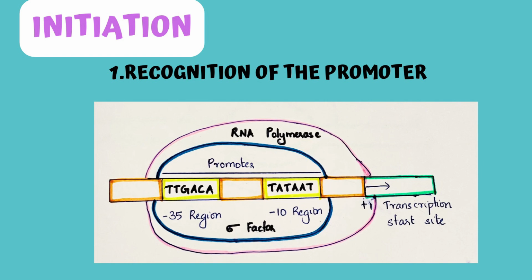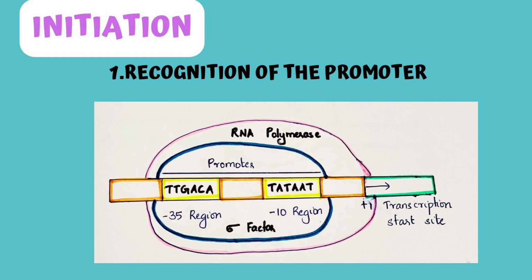The promoter contains 2 essential regions, -10 region and -35 region. -10 region is also called Pribnow box. It is a conserved DNA sequence located 10 bases upstream of the transcription start site. It has a consensus sequence of TATAAT. -35 region is another conserved DNA sequence located 35 bases upstream of the transcription start site.